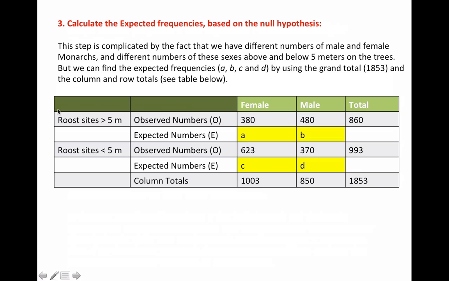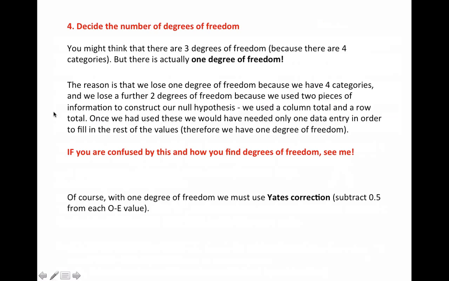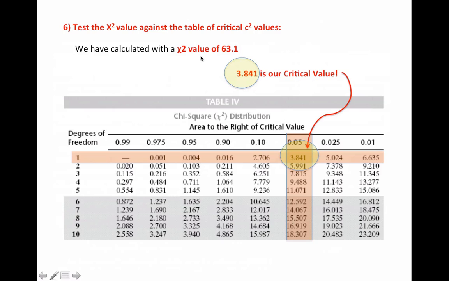Now, we did this. We calculated the expected numbers, and we calculated our chi-square value. In this case, we used a traditional chi-square table. Our chi-square value was well above the critical value from the critical value table.